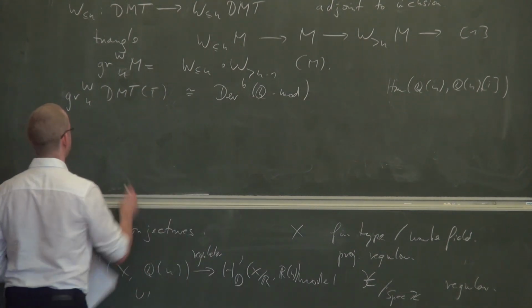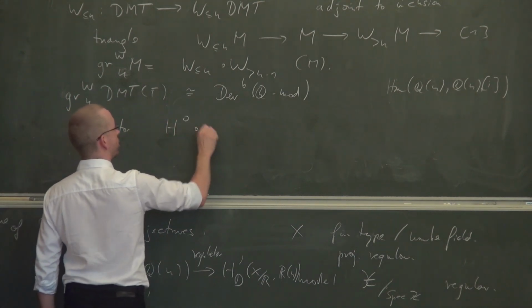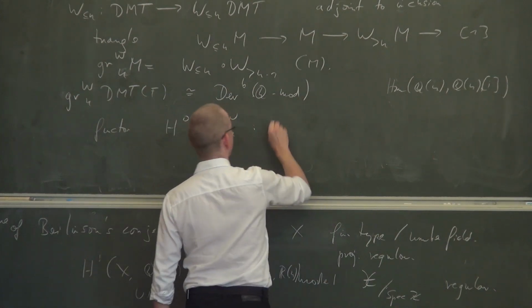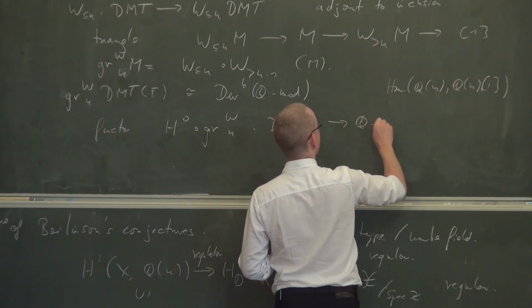And then you can consider this functor H^0 of this graded piece. And that goes from the mixed Tate motives to Q vector spaces.